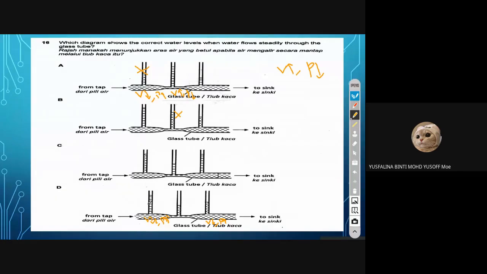And this one just came from the high velocity, so the velocity is lower but not as low as that part. So it will be in the middle here. So the answer should be D.